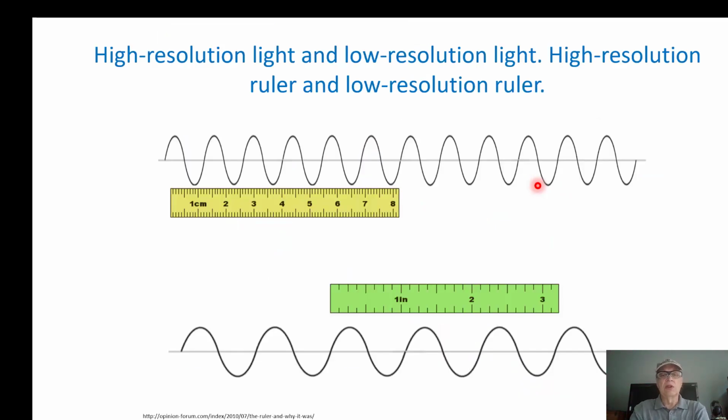So another way to look at the spatial frequency that I like, anyway, is the number of rulings on a ruler. Okay, so one of these is the blue light, the high spatial frequency one. It's like a ruler with more tick marks, and the lower one is like the red light, and it's fewer tick marks on the ruler.